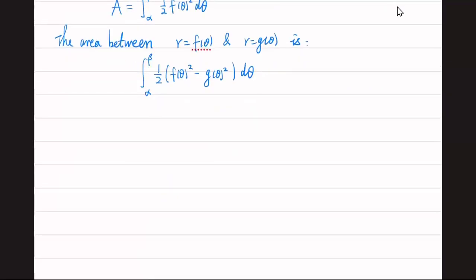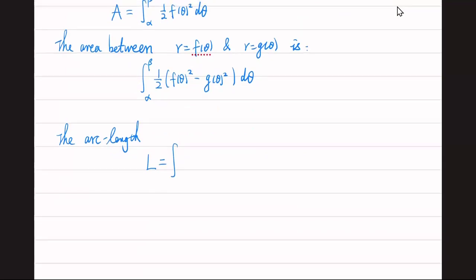A second formula is the arc length. The arc length of a polar curve is the square root of f squared plus the derivative squared.